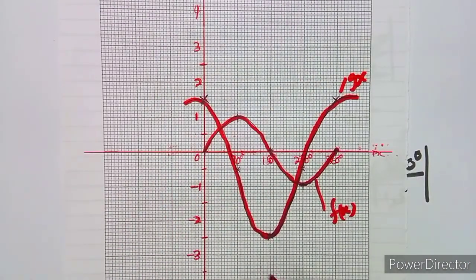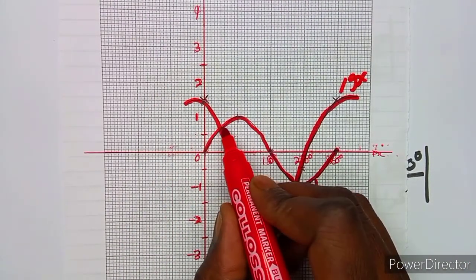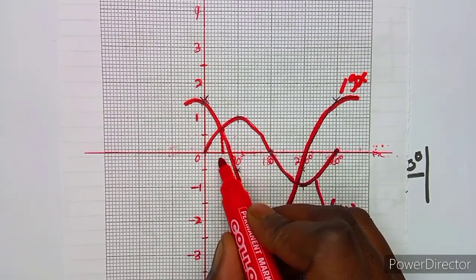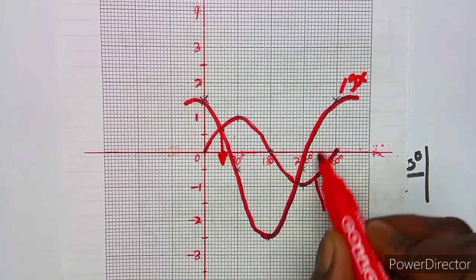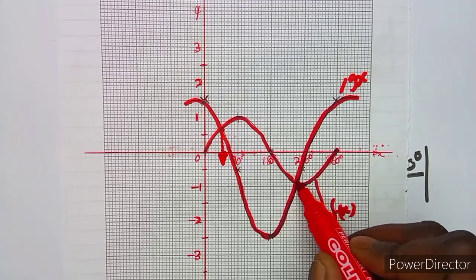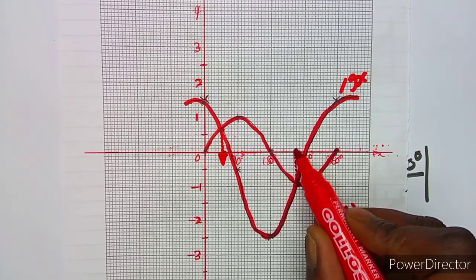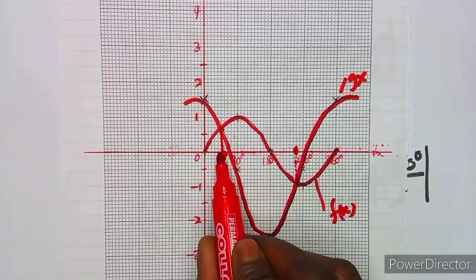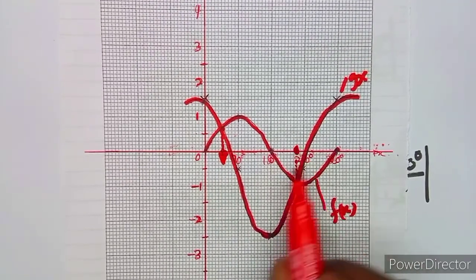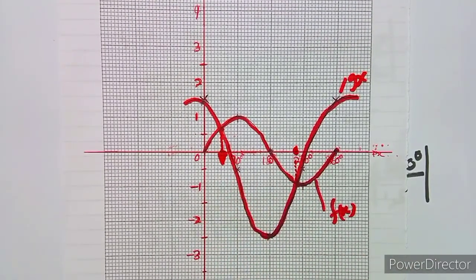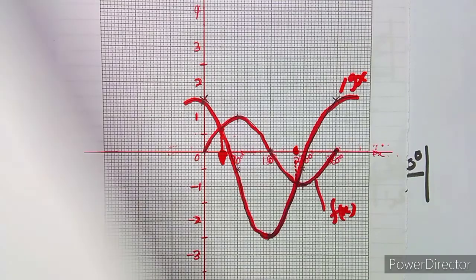At the point where they meet here, you take the value of x at this point. Then also here they meet at this point. As you can see, this is not clear enough, but you take the values of x there. You calculate the value of x which corresponds to that point. That is what they are asking there, which is the points of intersection.